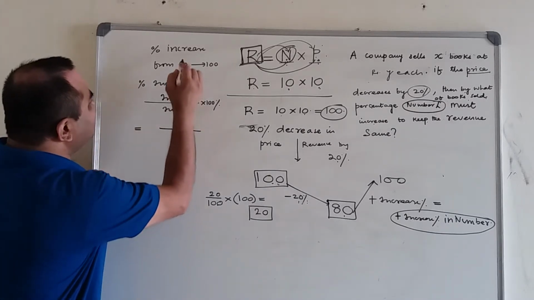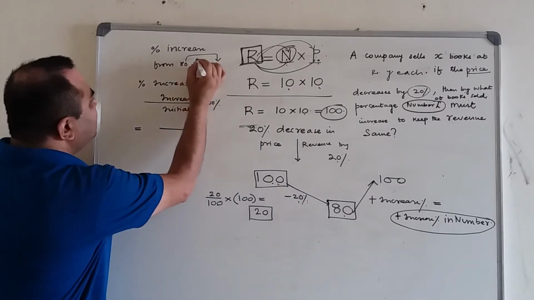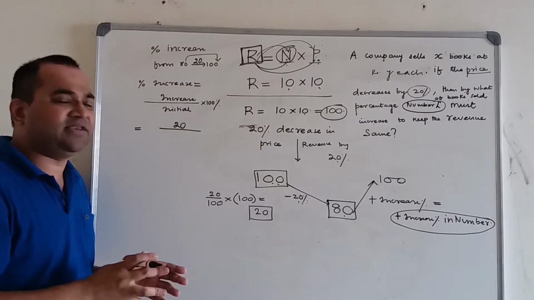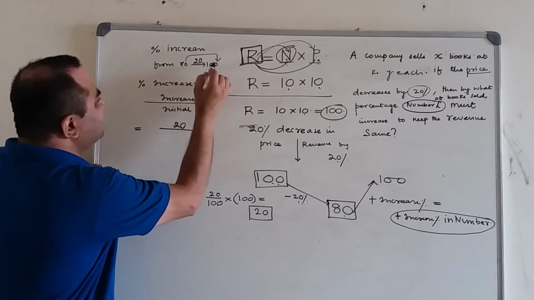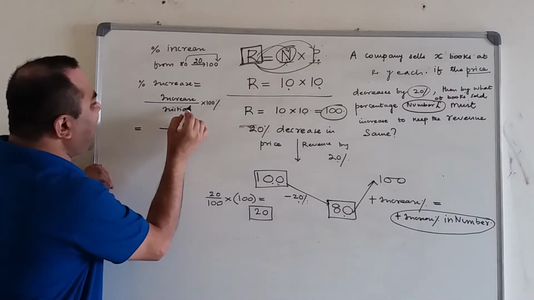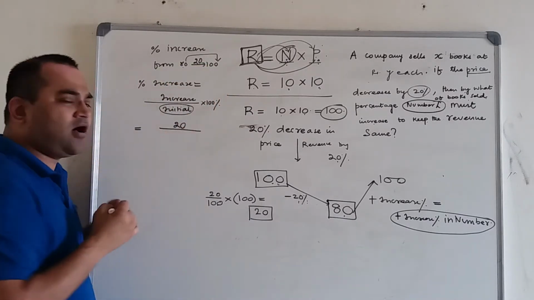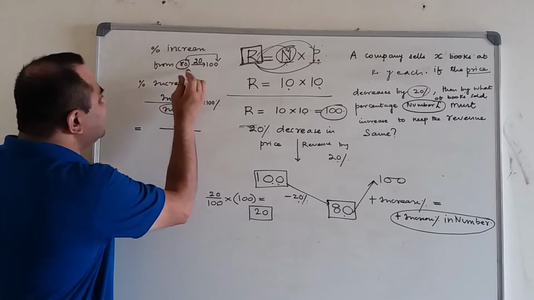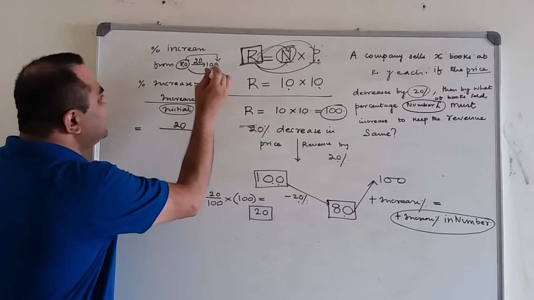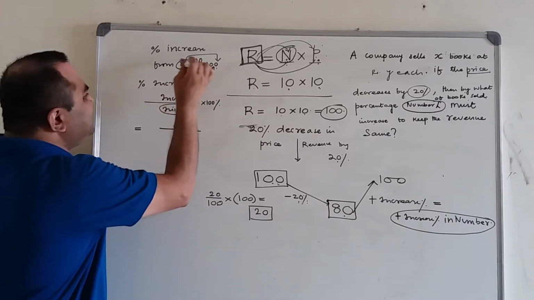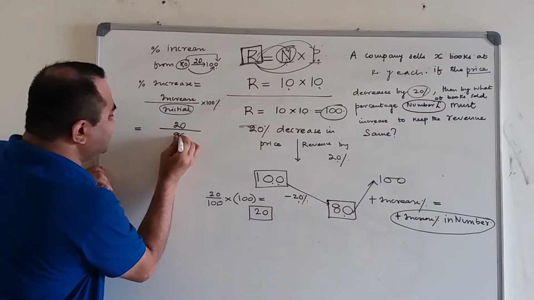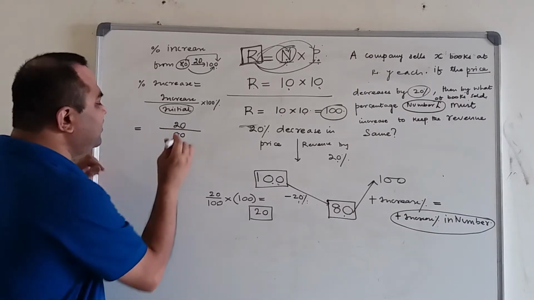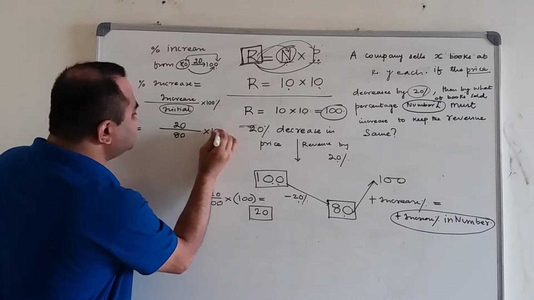So, the amount of increase from 80 to 100 is 20. Amount of increase, not percentage increase. The amount of increase from 80 to 100 is 20, and that increase is on what number? The increase is on 80. So 20 is the amount of increase on the initial value 80. This constitutes how much percent?